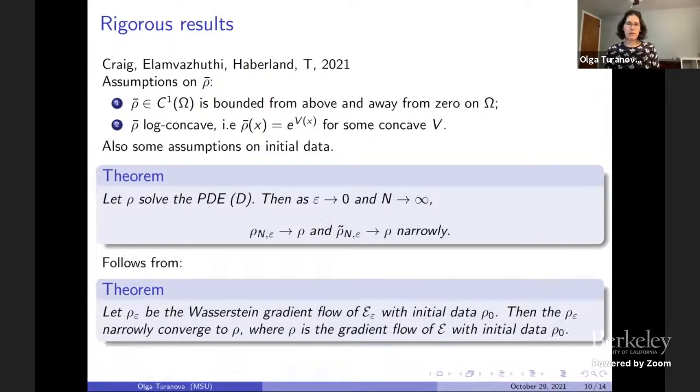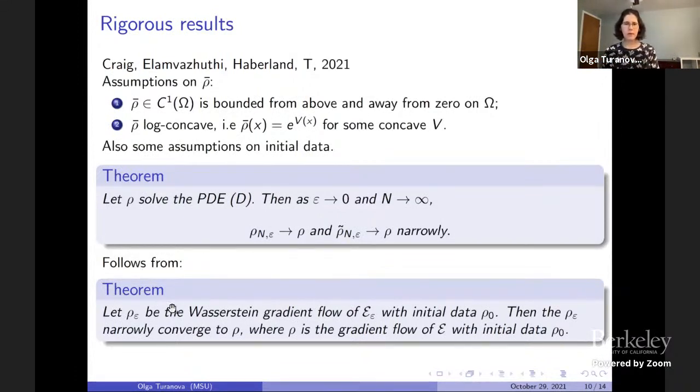The main work is to prove the second theorem, which says the following. Let rho epsilon be the Wasserstein gradient flow of E epsilon with initial data rho 0. Then the rho epsilon narrowly converge to something, rho, and that something is the gradient flow of E with that same initial data.